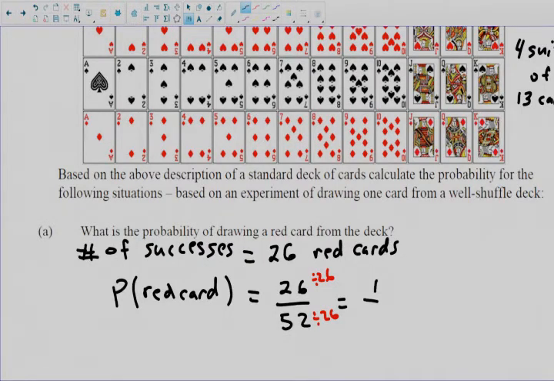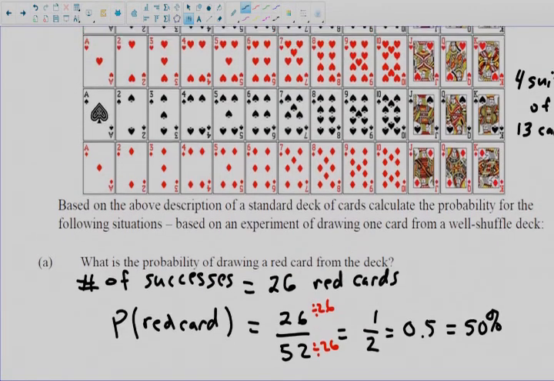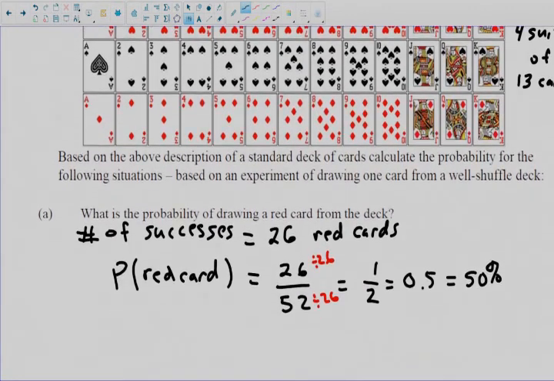And that will actually give us a 1/2 as our probability. We've already seen 1/2 a couple of times. That means that if you draw 1 card out of a deck of cards, you have a 50-50 chance, or 50% chance of drawing a red card, which actually means you also have a 50% chance of drawing a black card, because the numbers here would be the exact same if we did a black card.